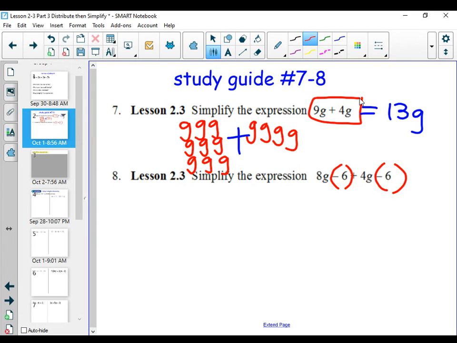Now you can see there's my gorillas again. 8 gorillas at one zoo, 4 gorillas at the other zoo, 12 gorillas. Then I have 6 negatives and 6 more negatives.